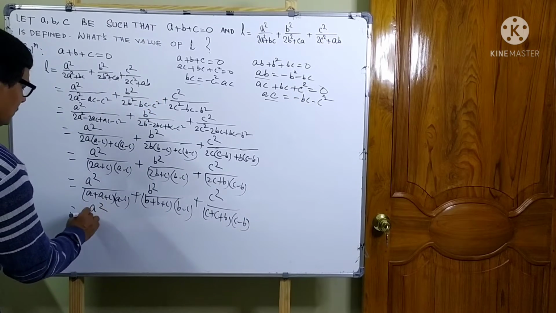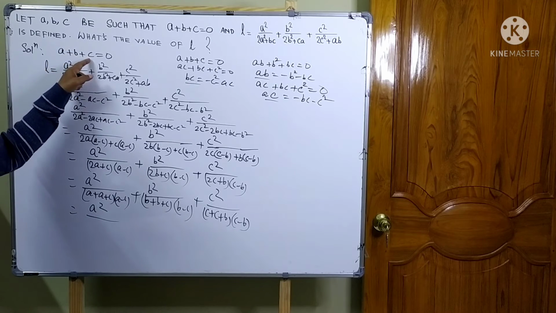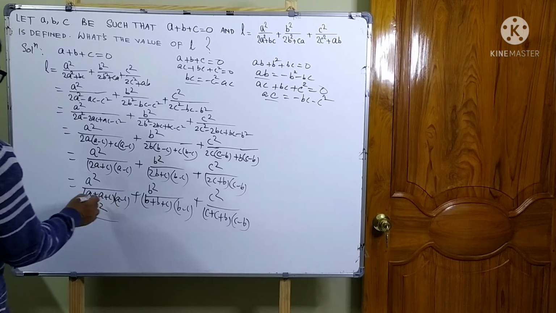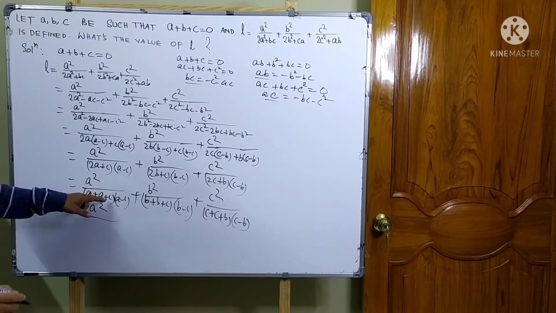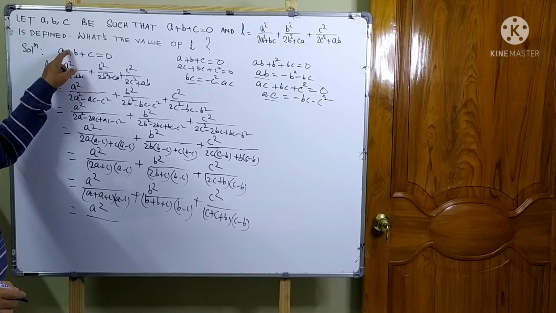Now we have a + b + c = 0, so a + c is equal to minus b. We can write minus b in place of a + c from this relation.